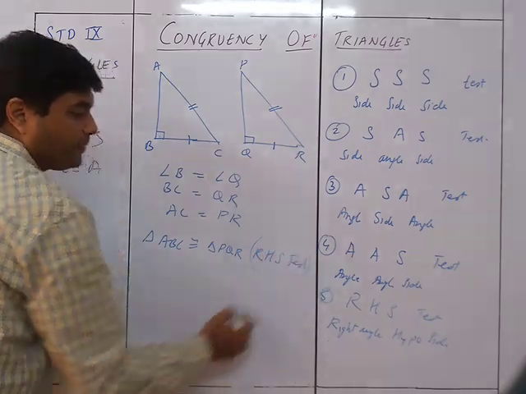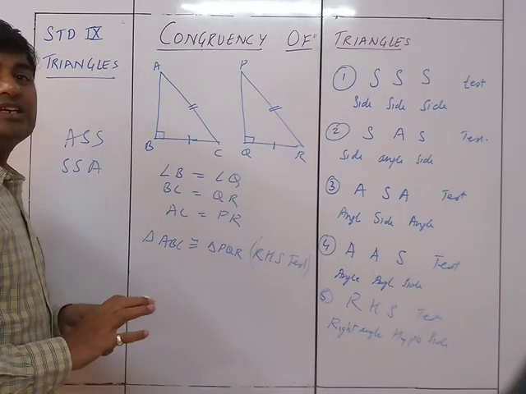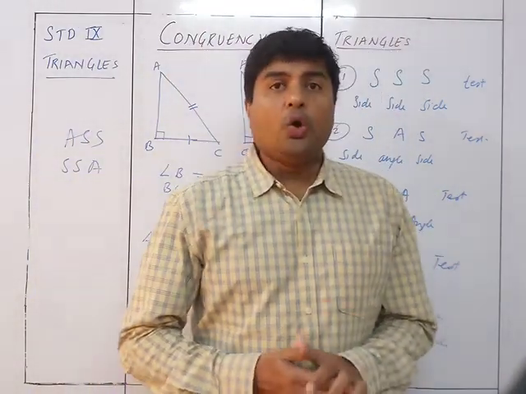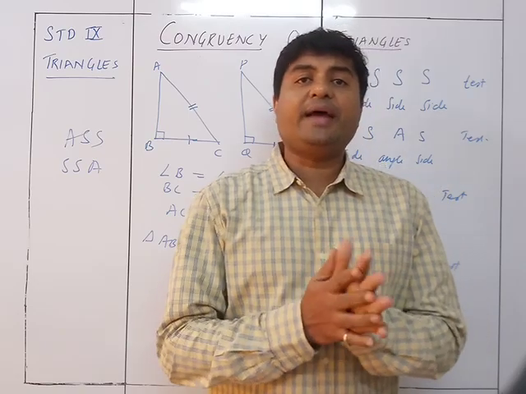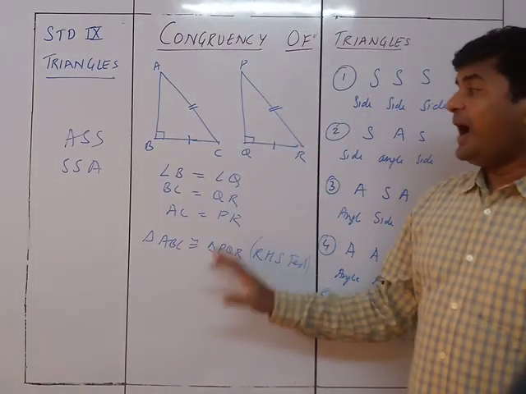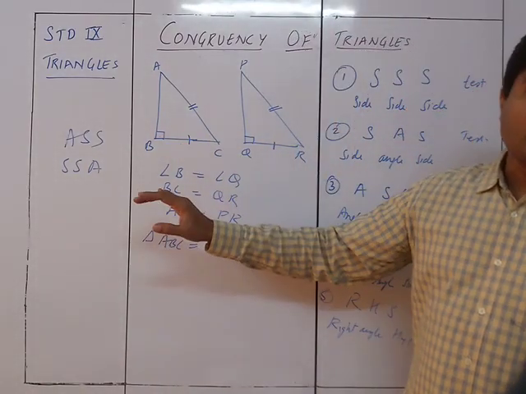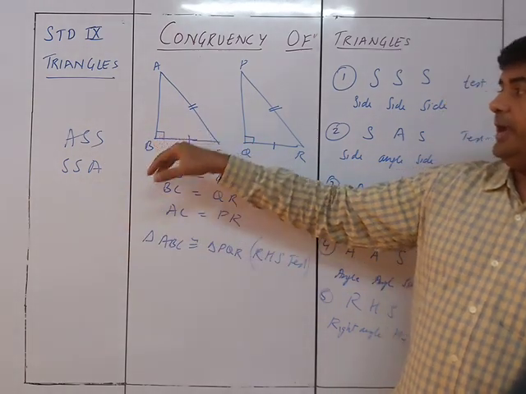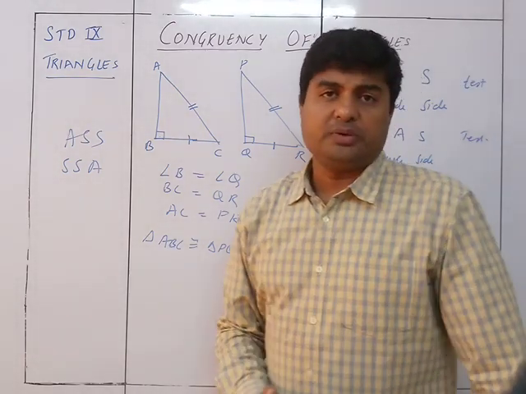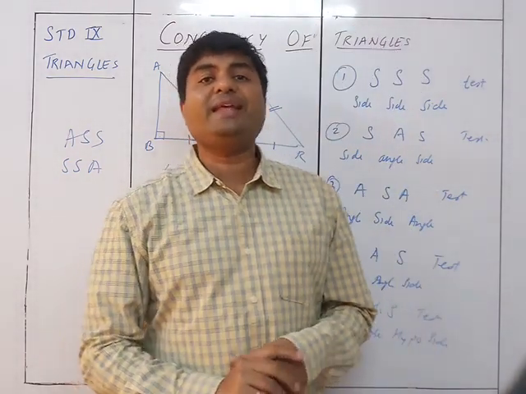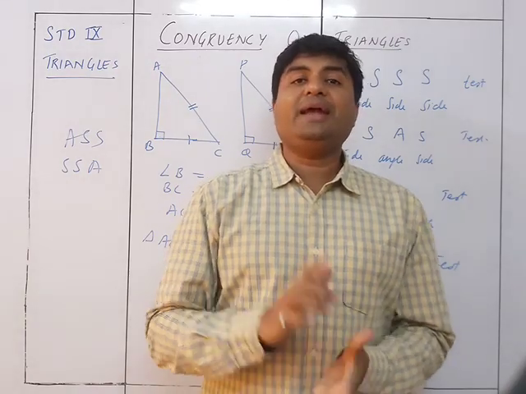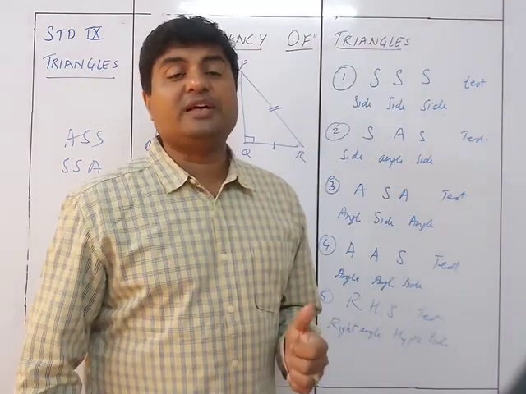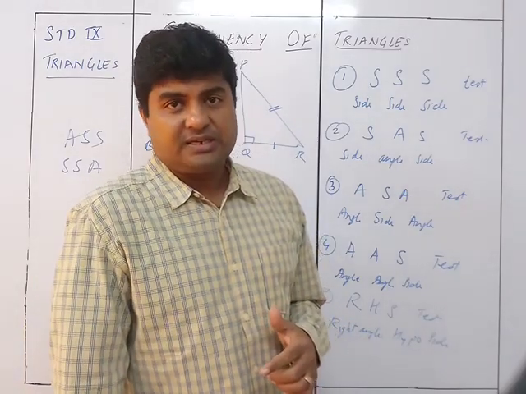Got it? This is a special test only for right angle triangles. Otherwise, you cannot have something like SSA or AAS over here. It is not possible for any other kind of triangles. Only in the case of right angle triangles you have this particular test, which is why it is called the RHS test.